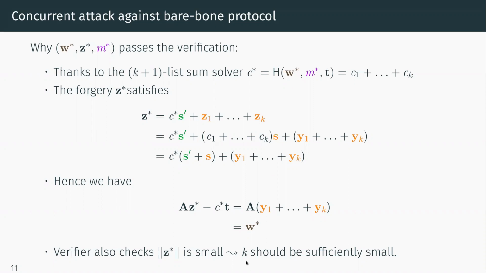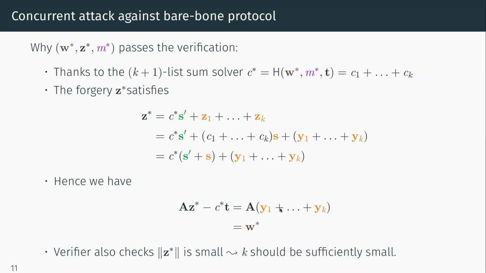In this case, the parameter for the K+1 list sum needs to be chosen carefully. But anyway, the point is that this is just for motivating why we need some additional step and why we have to avoid this bare-bone protocol.